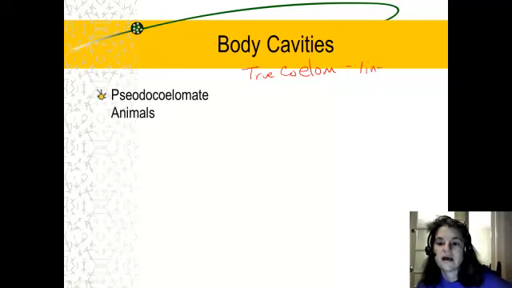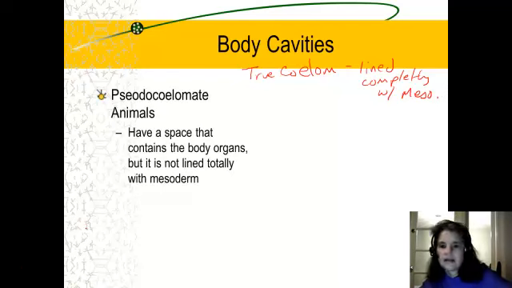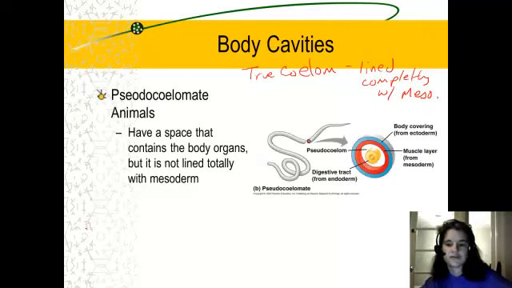So it is lined completely with mesoderm. Now, pseudocoelomate animals have what, for all intents and purposes, looks like a coelom. It is a body space. Organs could develop there, but it is not completely lined with mesoderm. And so it does not meet the definition of a true coelom.